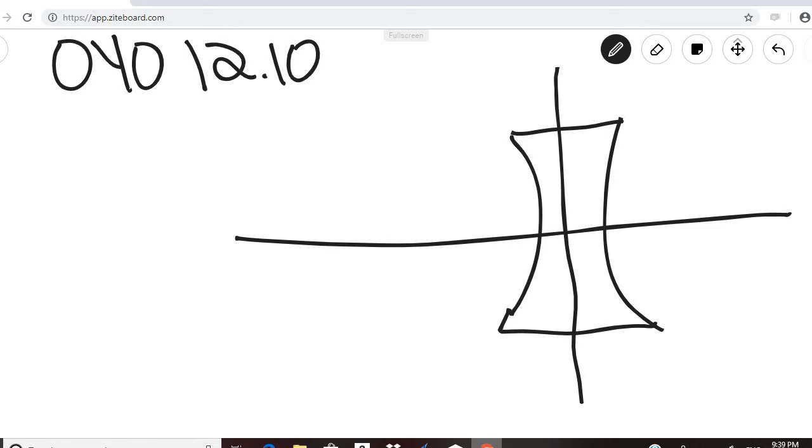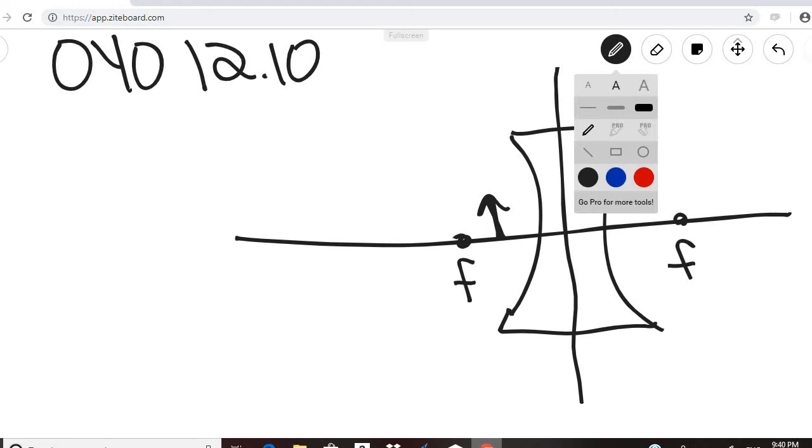So we'll put the focal point there, and the focal point there. And then the object is 5 centimeters away. So we'll put the object right here. What is going to happen in this case for 12.10?